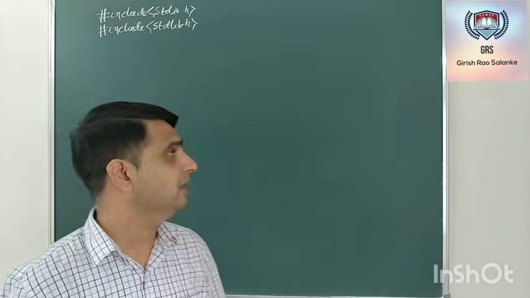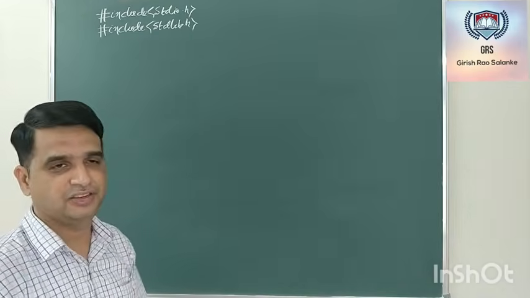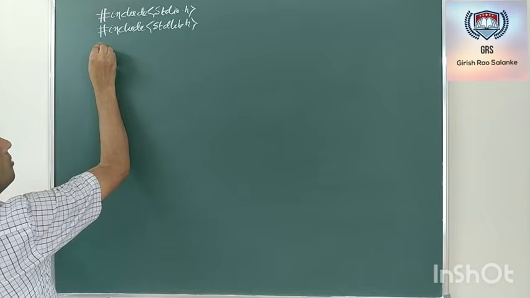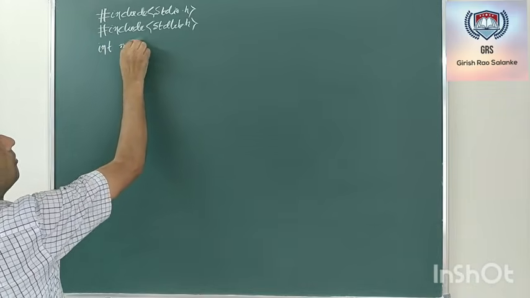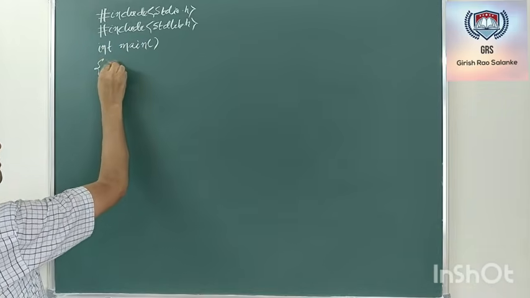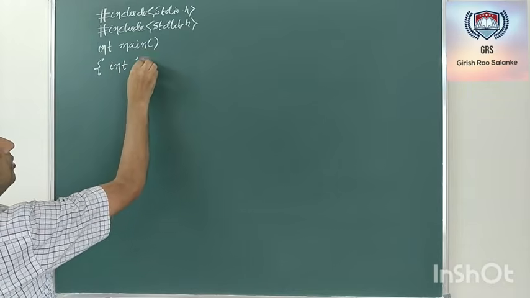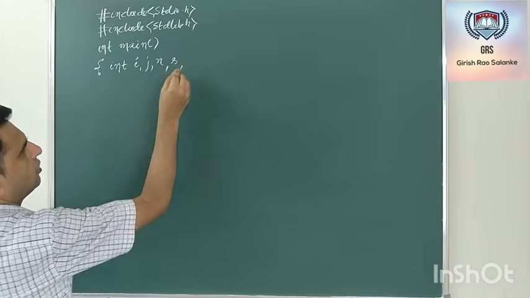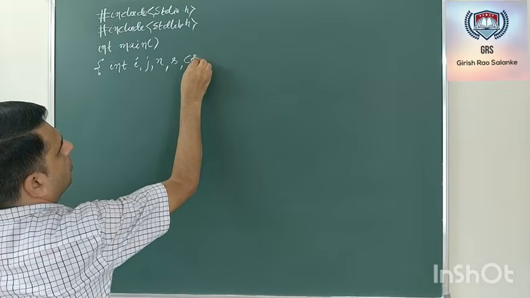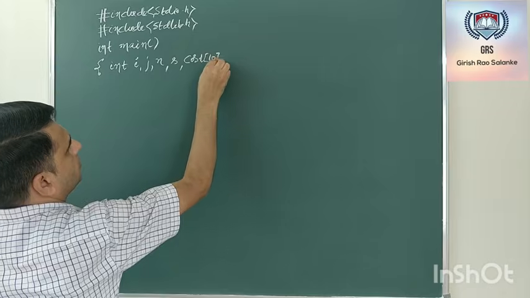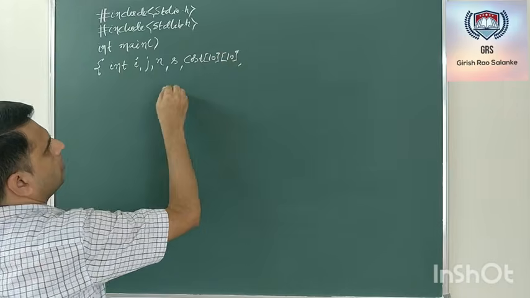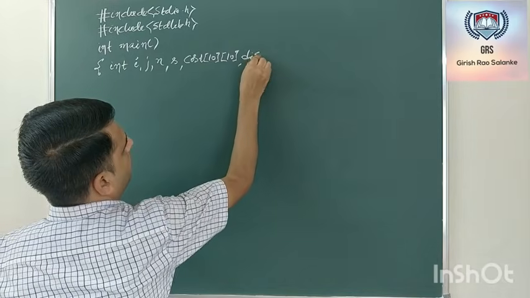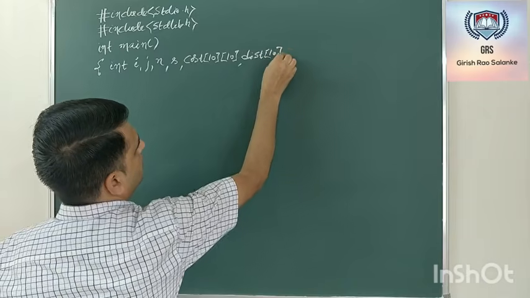Now coming to the implementation, I have included the header files stdio.h and stdlib.h as usual. Now I will start with the main function. In the main function, let me have some variables i, j, n, s. s is my source vertex. cost of 10 cross 10 to denote my matrix, and one more vector by name distance, which holds the shortest distance.